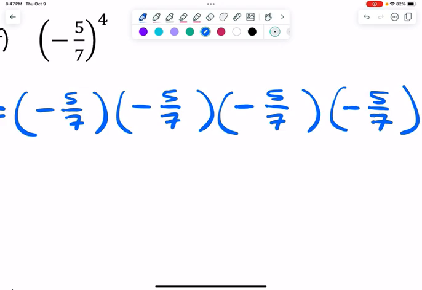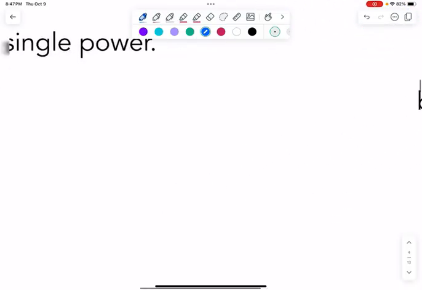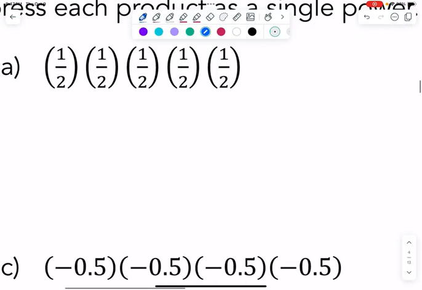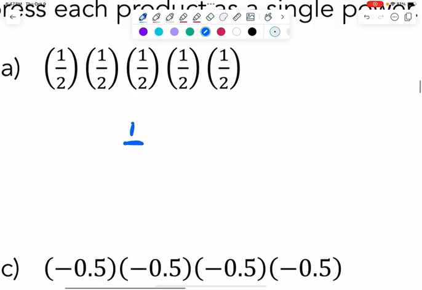And we can also go the other way. You tried these examples, and let's see how we did. We have something repeated, and that thing being repeated is 1/2. 1/2 is the base. It is repeated 1, 2, 3, 4, 5 times. So we have to put an exponent of 5 on here.